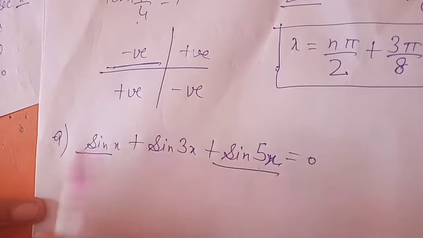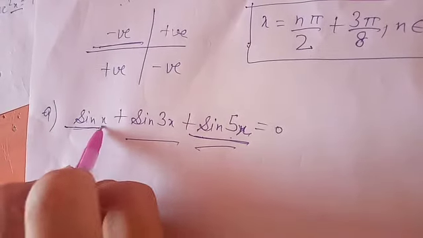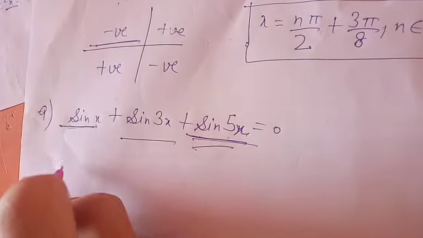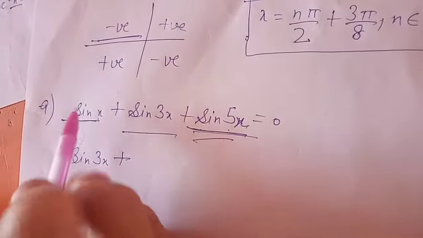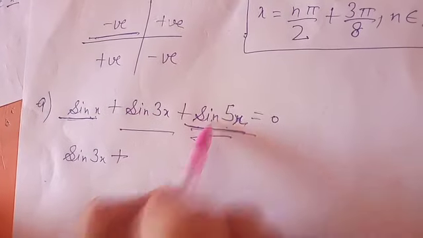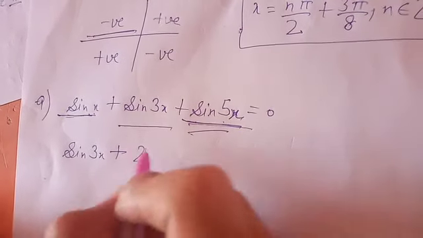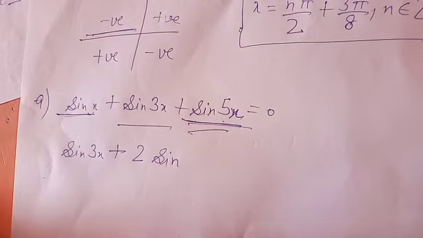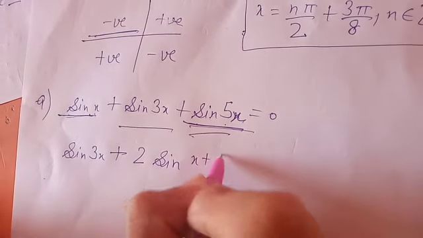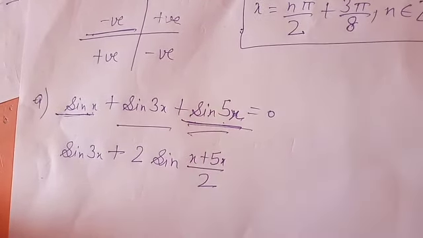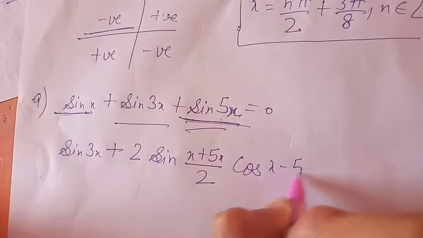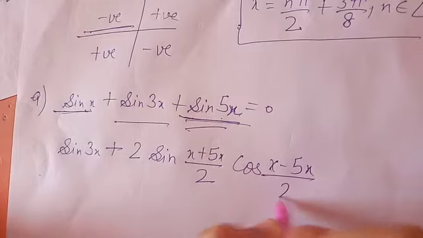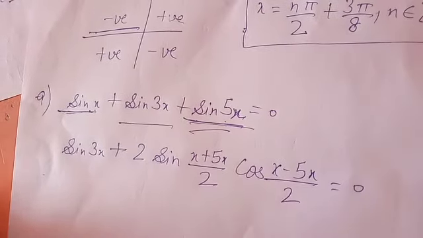I am using the formula here on sin x and sin 5x, so my sin 3x will remain as it is, plus 2 times sin of (a plus b) by 2 into cos of (a minus b) by 2, that is equal to 0.